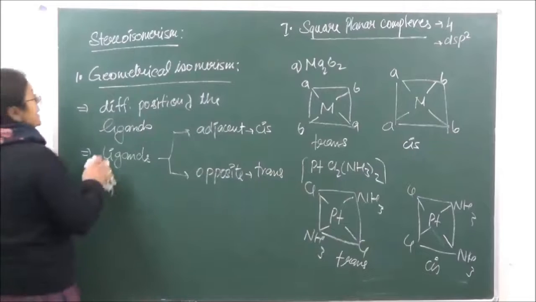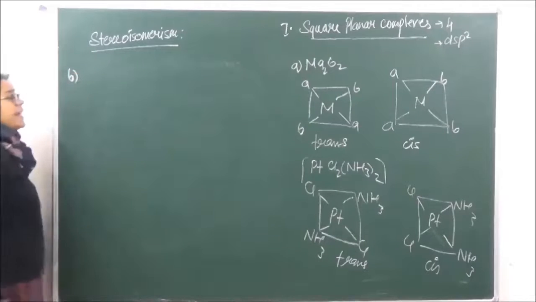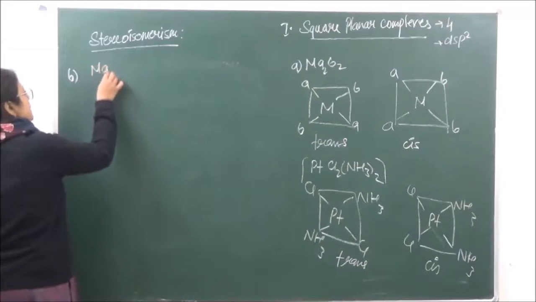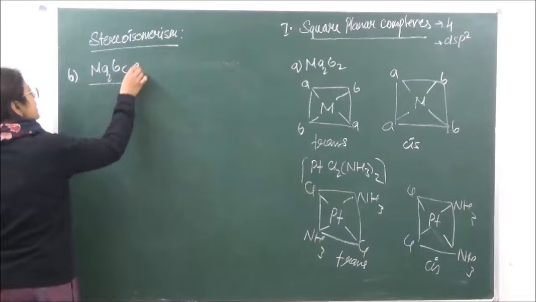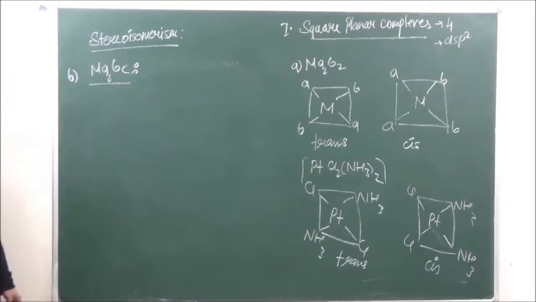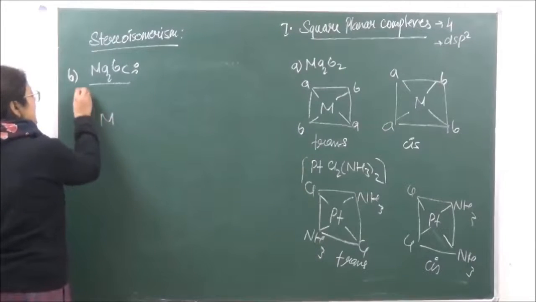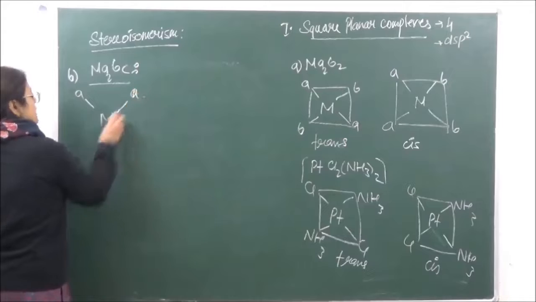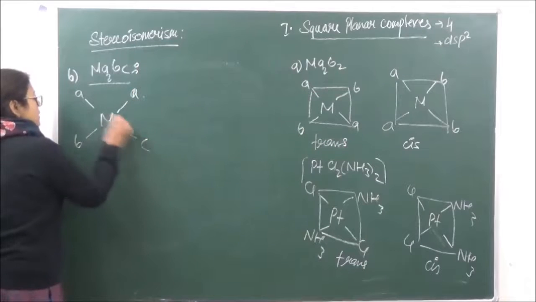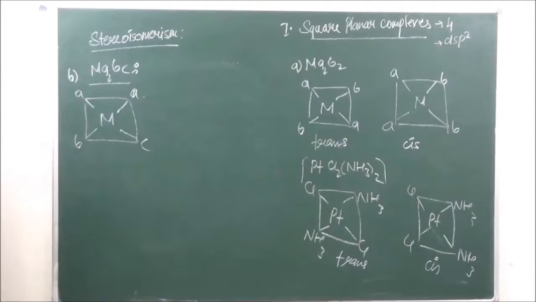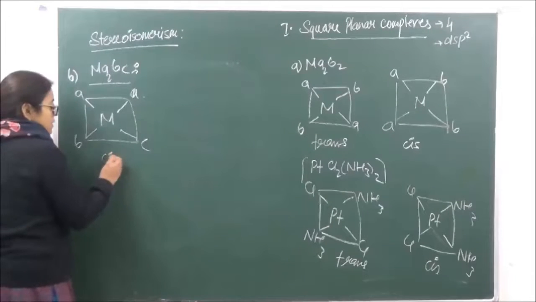Let's take the second type of compounds. The second type of compounds which we have over here is going to be Ma2bc. Now over here, again, if a is on the adjacent sides, as you can see over here, the a placed adjacent to each other, this is the cis form.